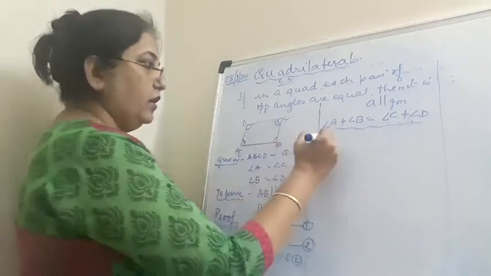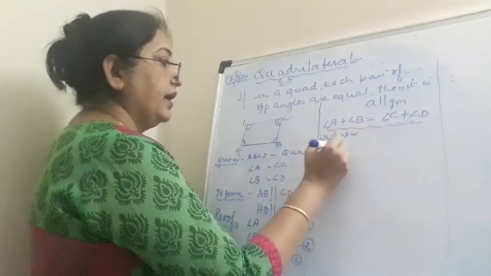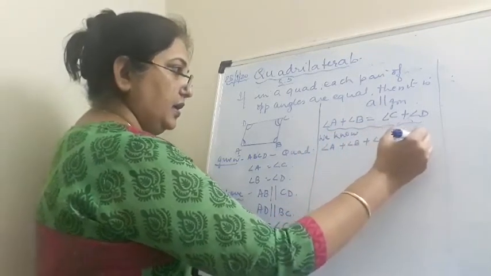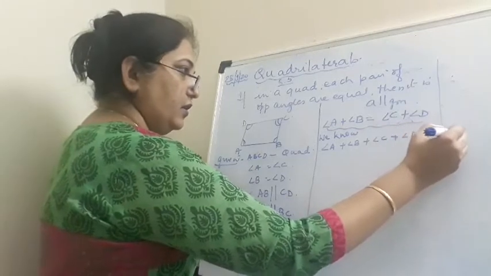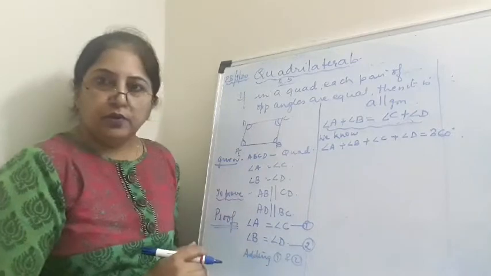Now we also know that angle A plus angle B plus angle C plus angle D is equal to 360 degrees. Now what is this? This is the angle sum property of the quadrilateral.